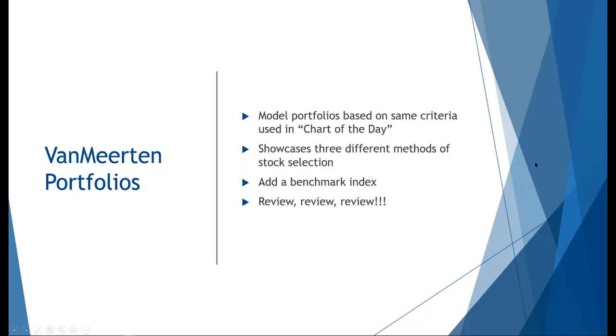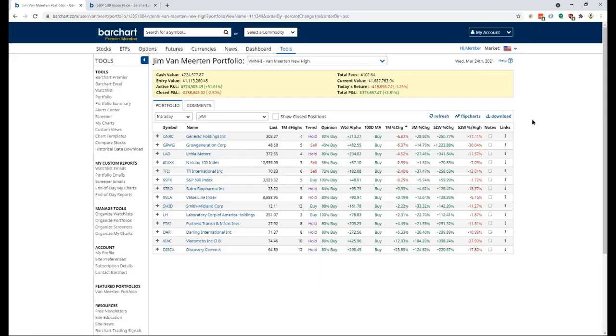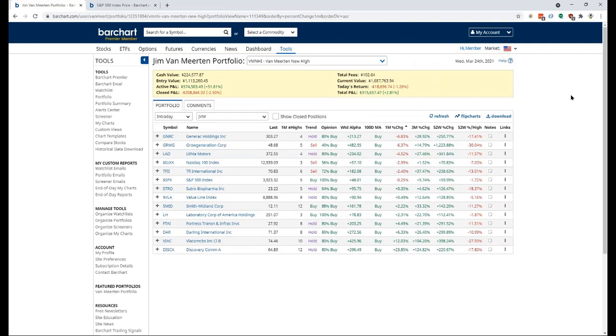So I'm hoping that everybody has been able to take a little bit out of what Jim does in his daily stock selection, and maybe you need to have a disciplined method for looking at things. The first method is screen for the stock. If maybe you're a dividend investor, screen for the ones having above average dividends. If you're a growth investor, screen for the ones having the highest revenue increases.